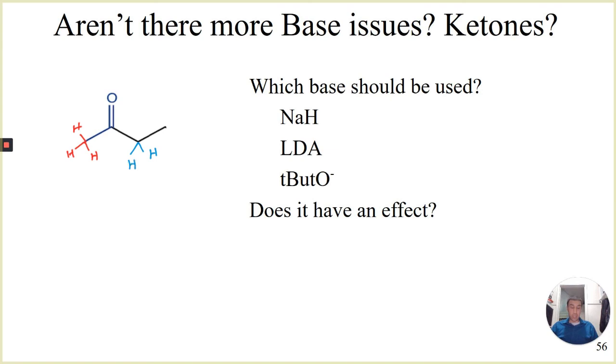If I was to make an enolate using these individual bases, t-butoxide removes the blue hydrogens. LDA removes the red hydrogen. Sodium hydride removes the red hydrogen. So there is an effect based off of the base.